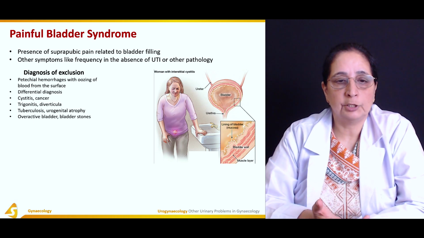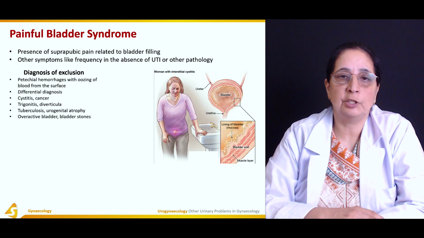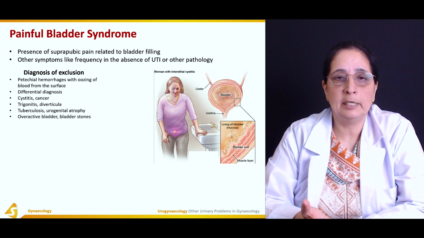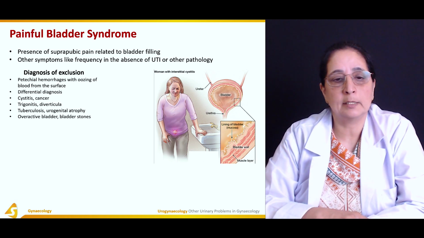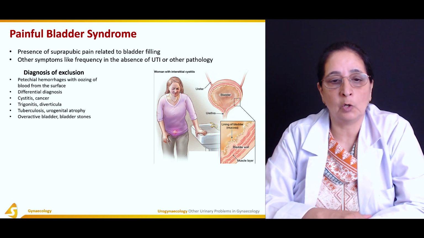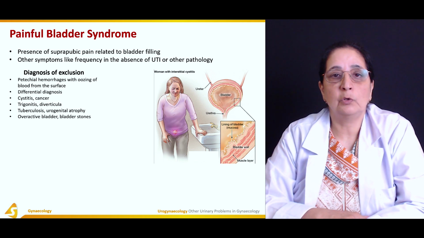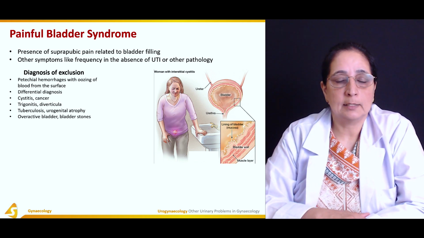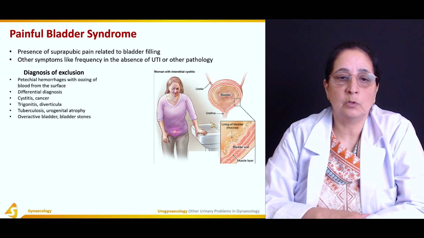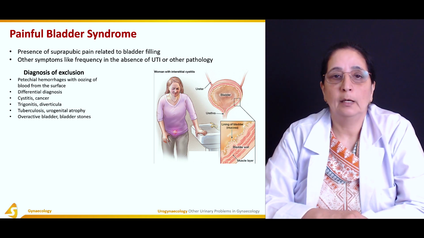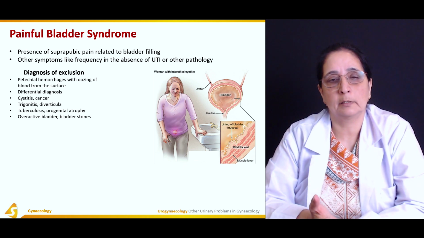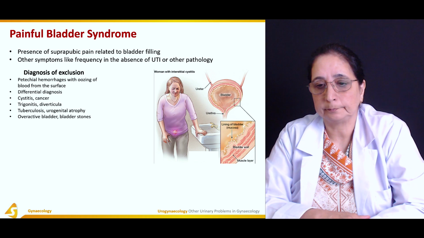The differential diagnosis can be trigonitis, inflammation of the trigone, tuberculosis, urogenital atrophy, cystitis, cancer, overactive bladder, bladder stones. All these can mimic the painful bladder syndrome.